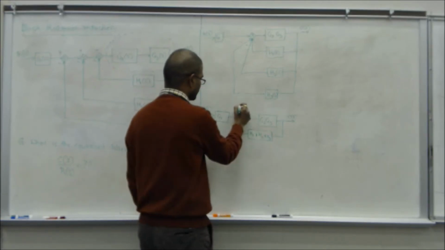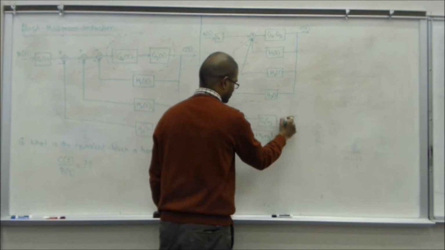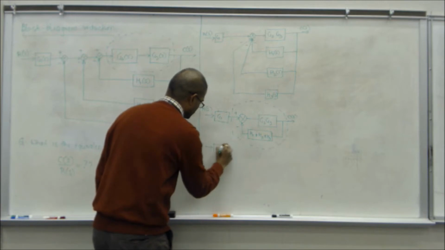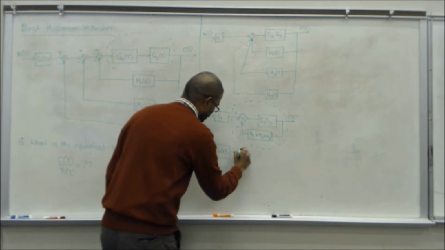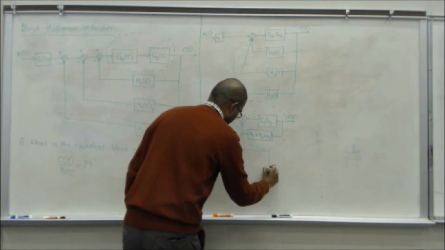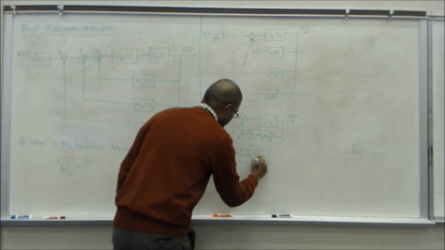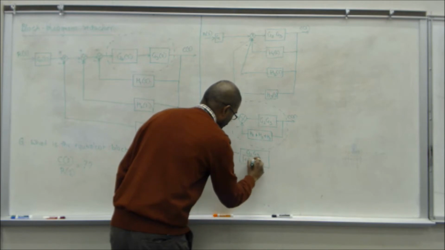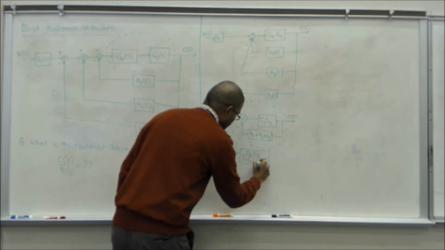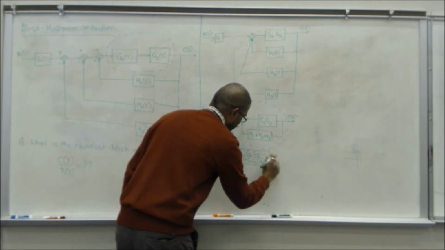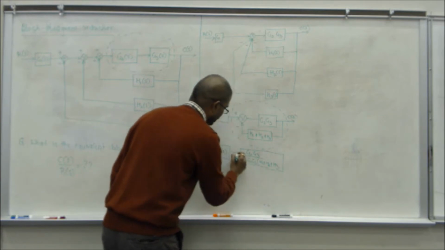So for this, feedback is, so you have G1, you have G2, G3 over 1 plus G2, G3 into H1 plus H2 plus H3. Okay. This is a feedback.